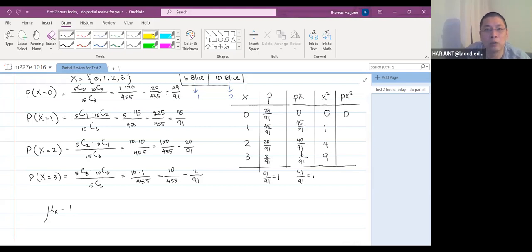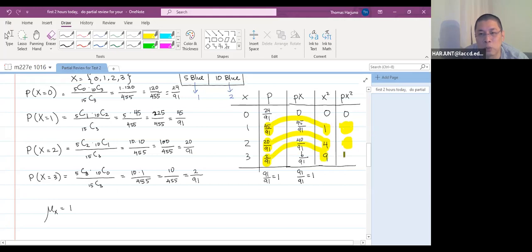Now I will multiply the probability and the x squared to get this part. We did this before, right? Last week and the second week of class, when it was a frequency distribution.